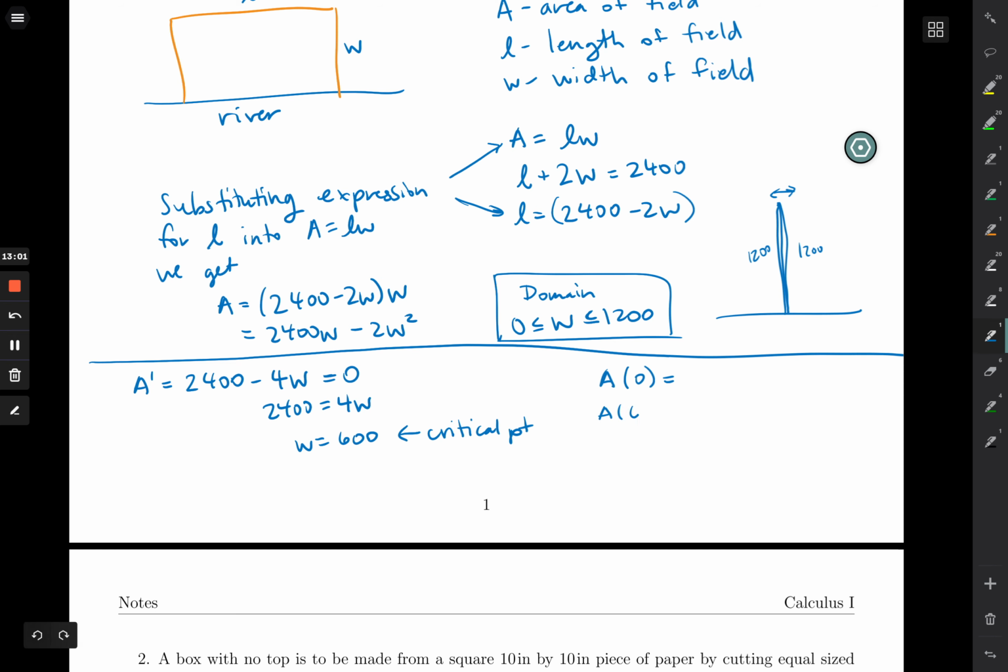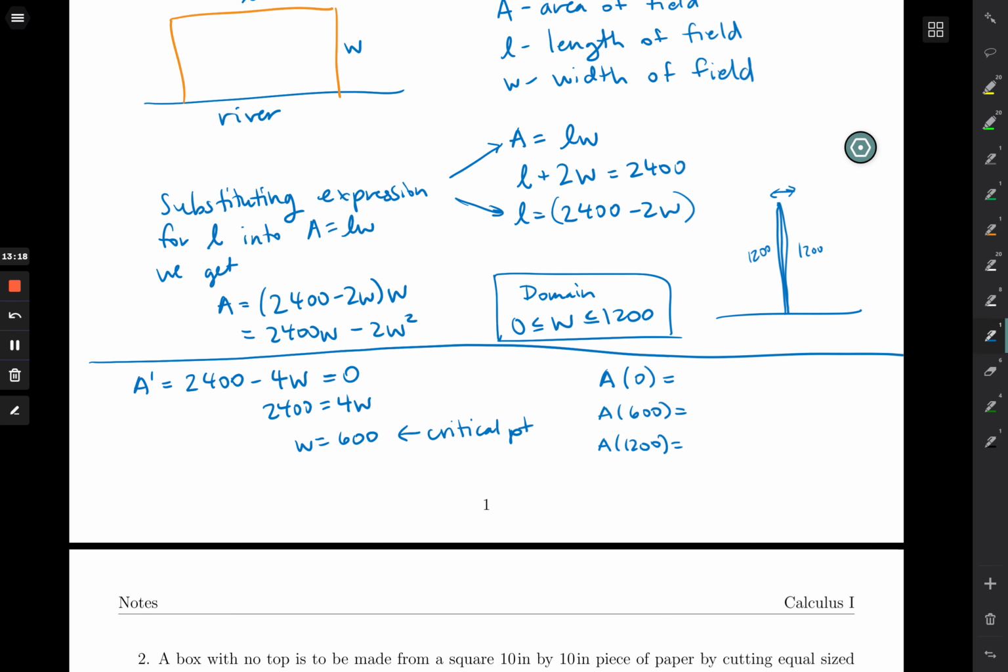So since 600 does lie between 0 and 1,200, we evaluate A at 600, and also at 1,200 and at 0, those being the endpoints.